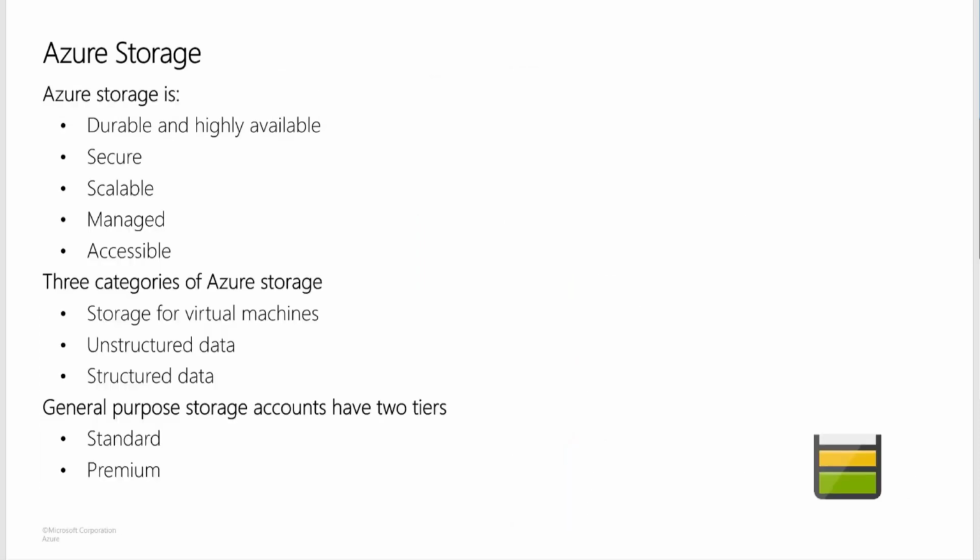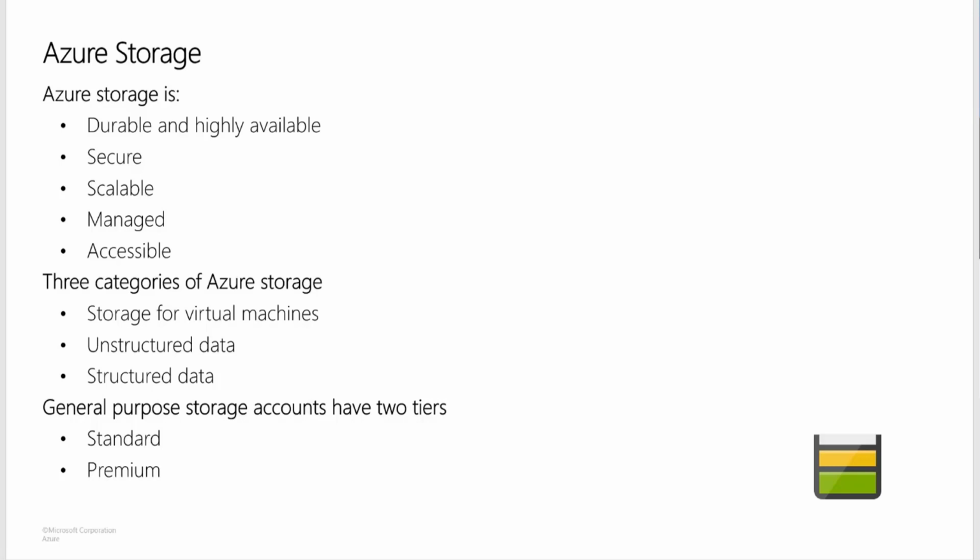So to talk about some of the key benefits of Azure Storage, or what Azure Storage is, it's durable and highly available. So redundancy ensures that your data is safe in the event of a transient hardware failure. You can also opt to replicate data across data centers or across geographical regions for additional protection from local or natural disasters.